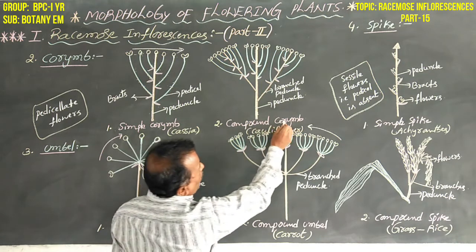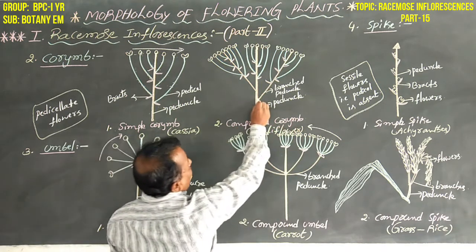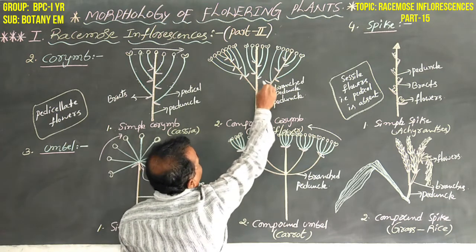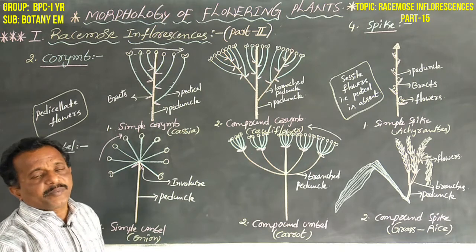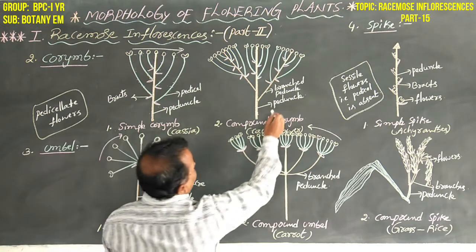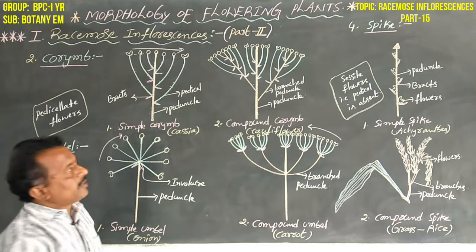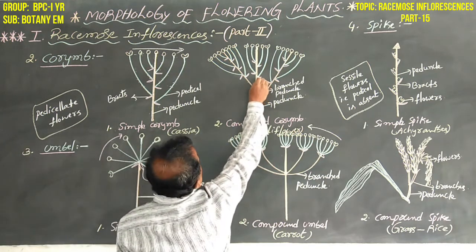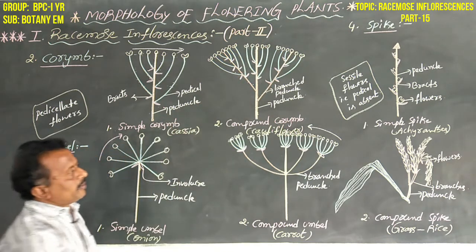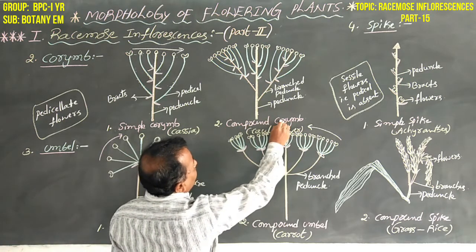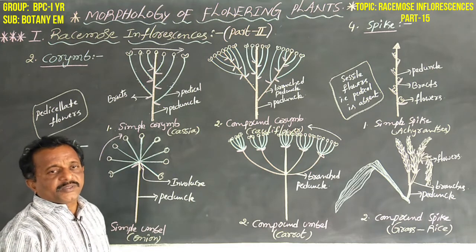The second one is compound corymb, seen in cauliflower. This is a peduncle, and the peduncle has several branches. The peduncle is spread out into several branches. So in compound corymb, the peduncle is branched.